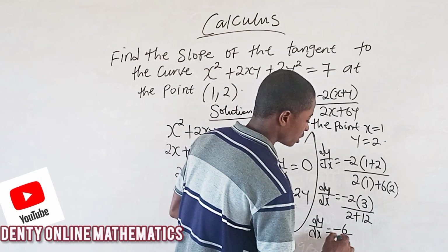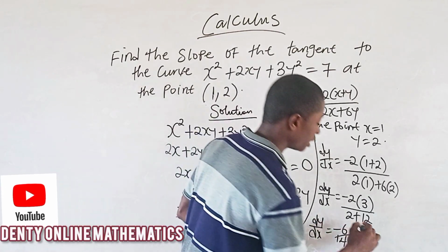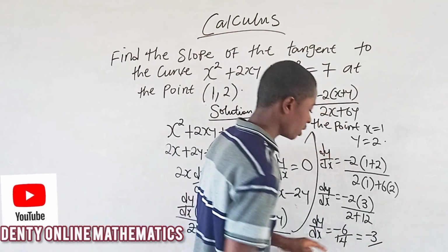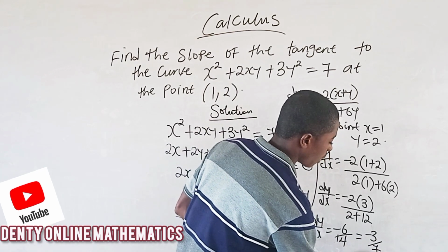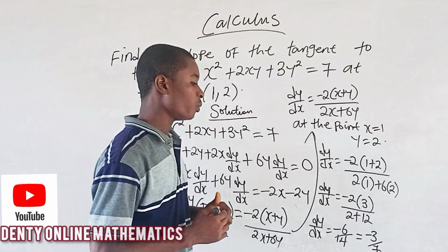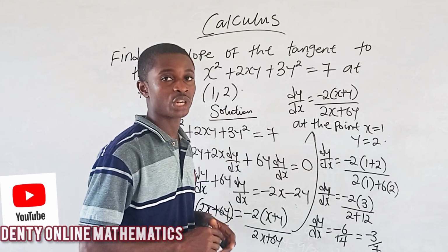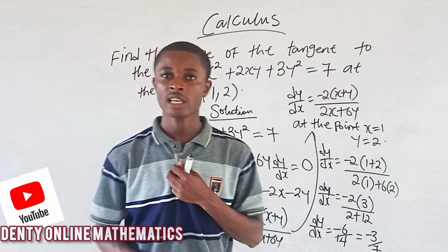Now we have minus 6 over 14, which is equal to what? 2 can go into 6 3 times. 2 can go into 14 7 times. So our dy dx at the point (1, 2) will be equal to minus 3 over 7, or negative 3 over 7.